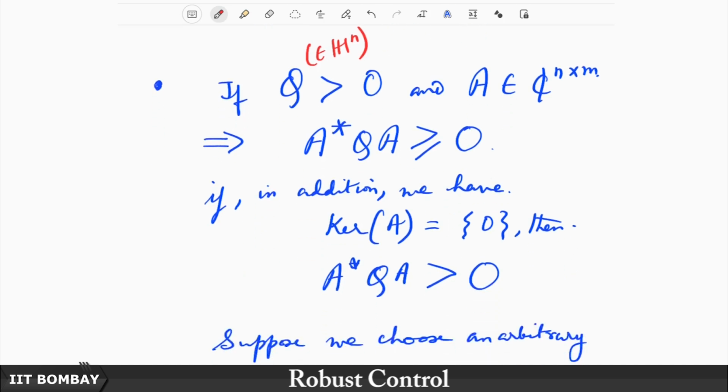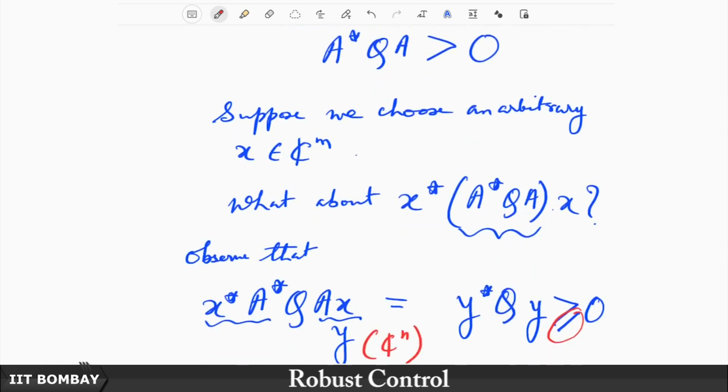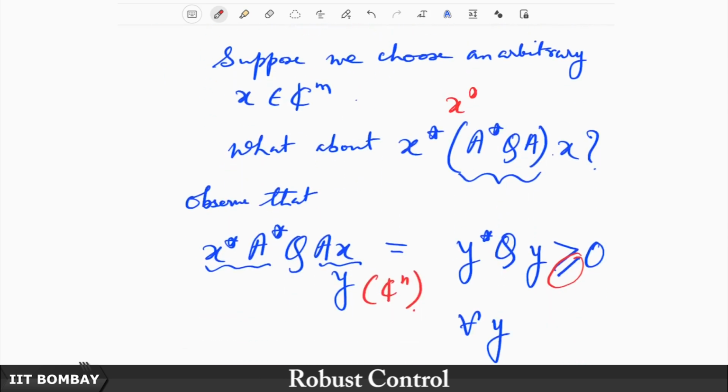So here also, for any non-zero vector x, x Hermitian A Hermitian Q A times x. I can replace this A Hermitian Q A by some other matrix, let us say P. So what I am going to check for now is whether this x Hermitian P x is positive. Now, note that you can have non-zero x such that y is equal to 0. When can that be possible?